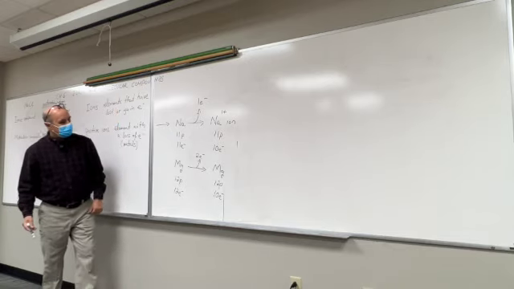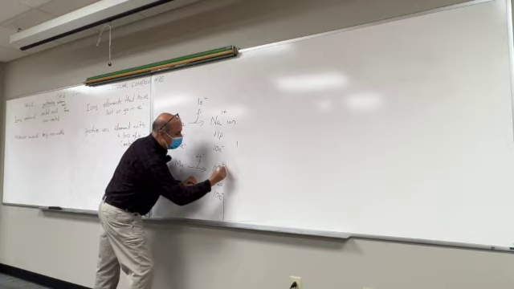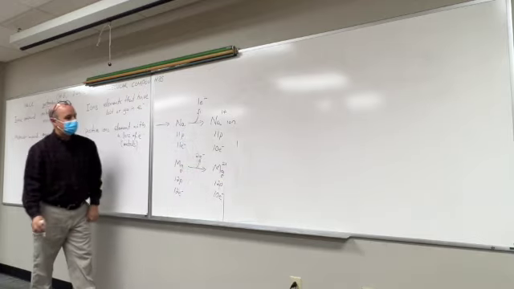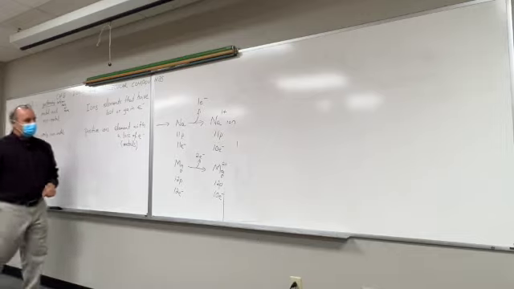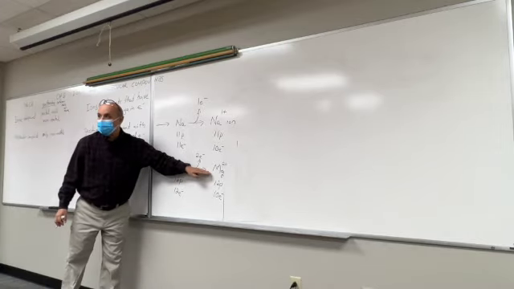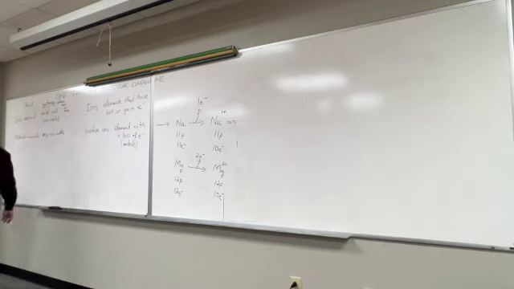And the charge of this ion is to be indicated as a superscript as 2 plus. Sometimes you see them as plus 2, where the sign is at the beginning instead of the end. Same thing. But the point is that you have now an ion with a charge.